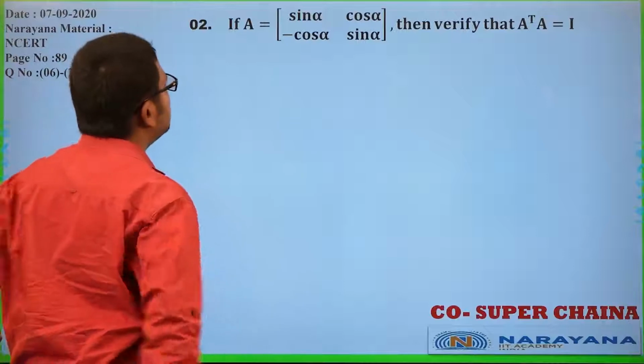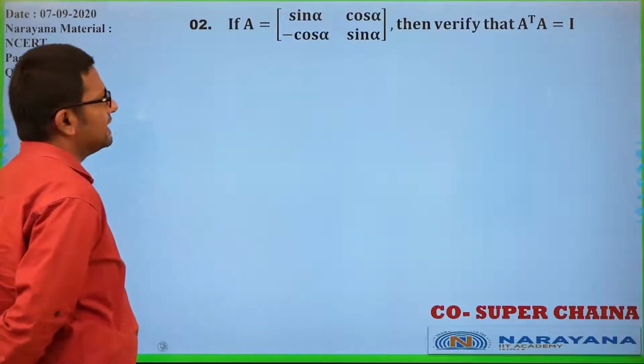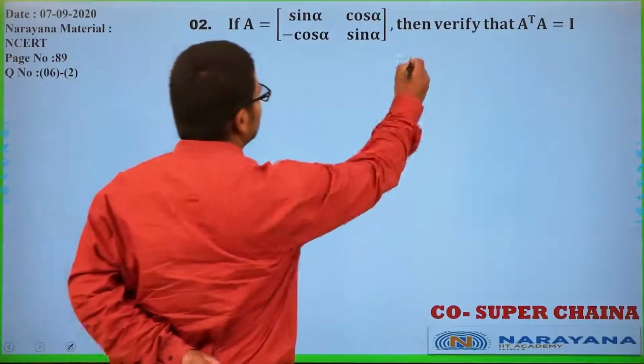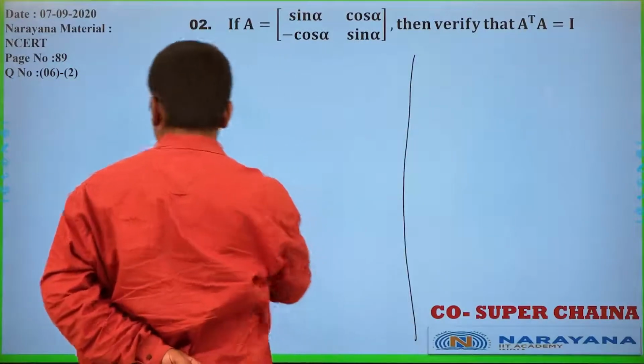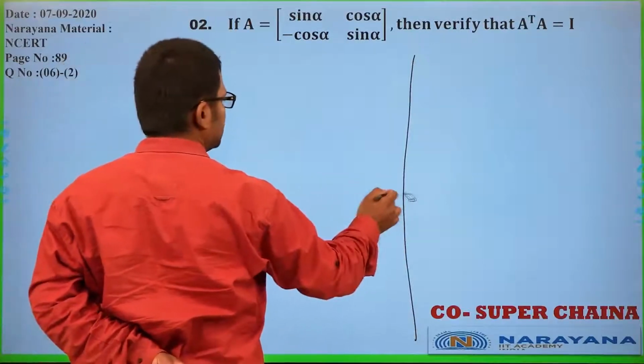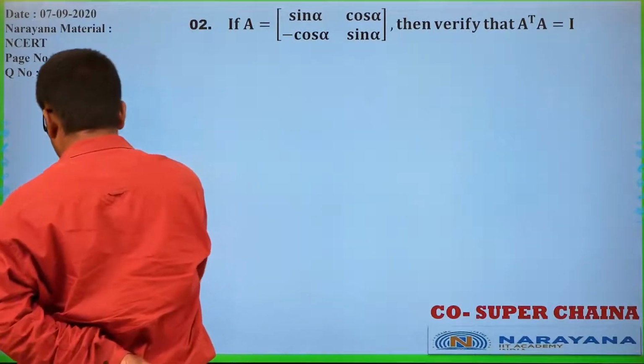If A is equal to [sin alpha, cos alpha; minus cos alpha, sin alpha], verify that A transpose A is equal to I. Okay, let us do that quickly. Let us try that without the line.